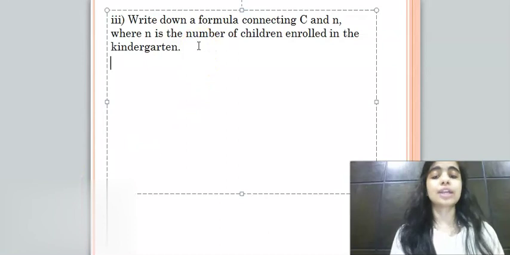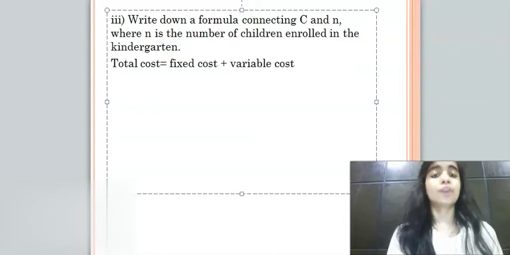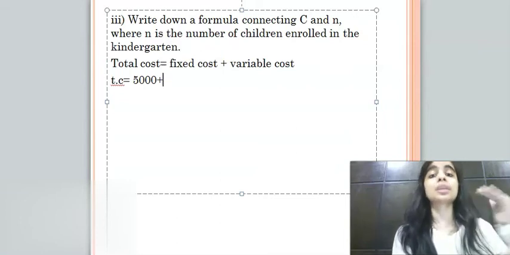So let's write total cost equals fixed cost plus variable cost. Now our fixed cost is 5,000 plus the variable cost. We don't know the variable cost because it is changing with each child.